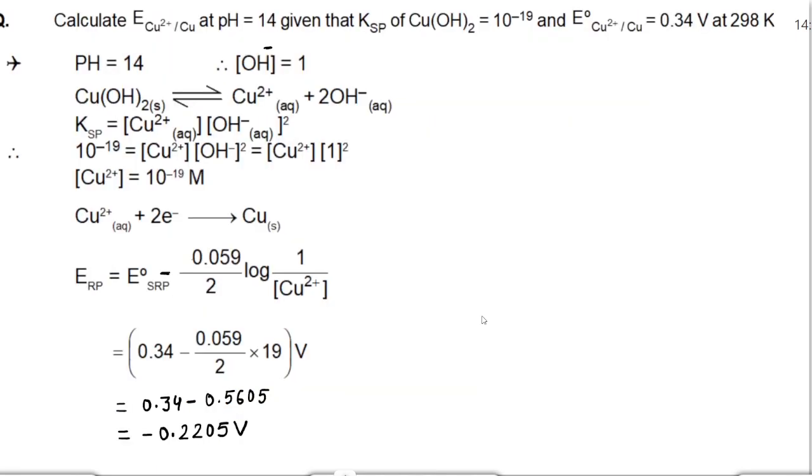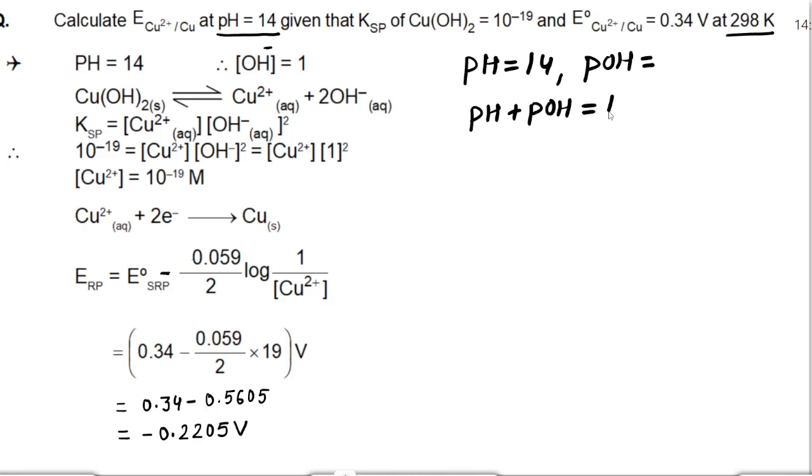Next question is calculate reduction potential of copper at pH 14. So you know, when pH is 14, what is pOH? Because it is at 298 Kelvin, pH plus pOH is 14.